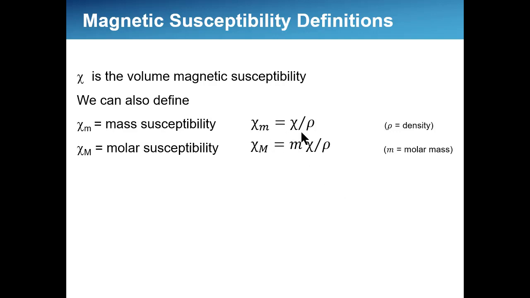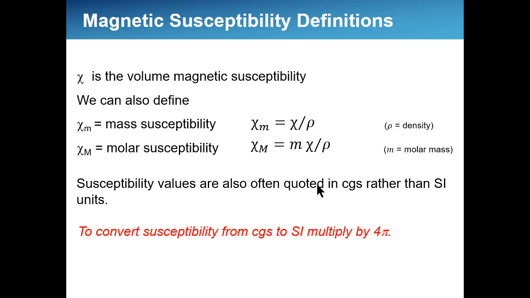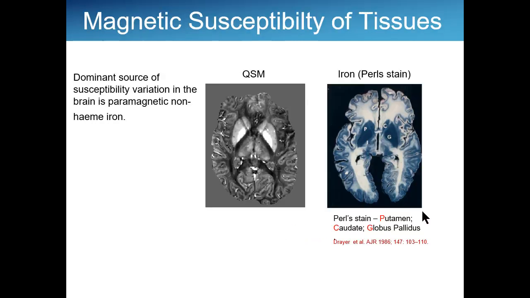But all of those measures are very simply related. A slight complication, if you look in the literature, is that even today, susceptibility values are quite often quoted in CGS units rather than SI, and there's a rather arbitrary factor of 4 pi, which takes you from CGS to SI. So you multiply by 4 pi to go between the two.